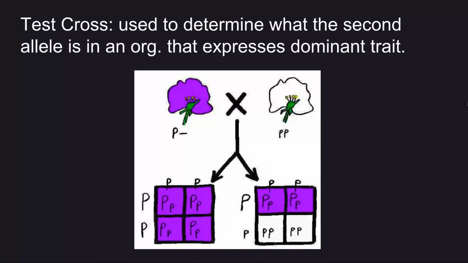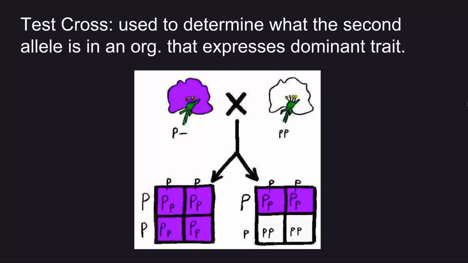A test cross is something that you can do if you have an organism that has the dominant phenotype, but you're not sure if they're heterozygous or homozygous dominant. So if you have a purple flower, for example, which is dominant, and you don't know if it carries the recessive allele, you can cross it with the recessive color flower and analyze the offspring.